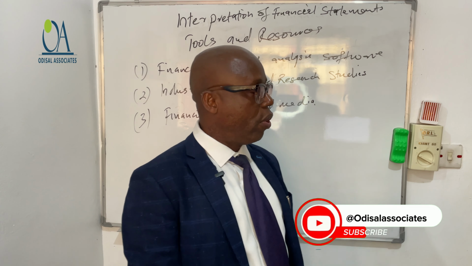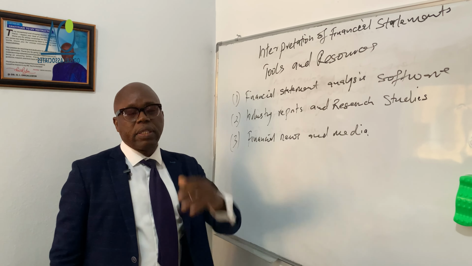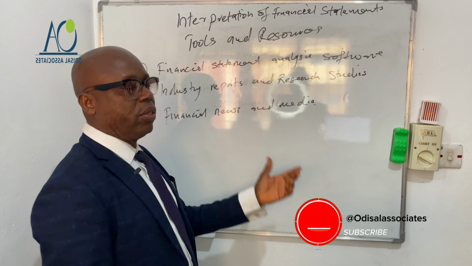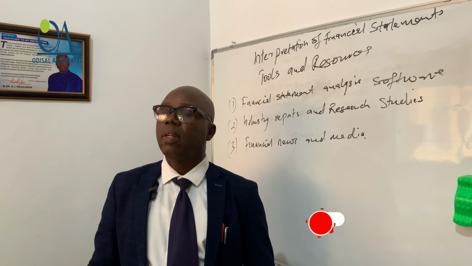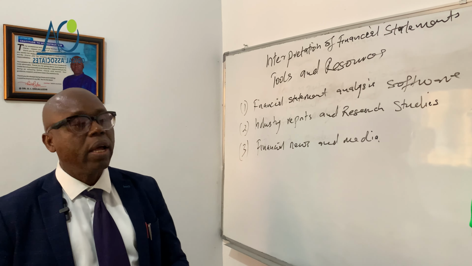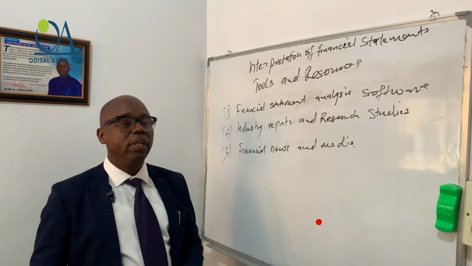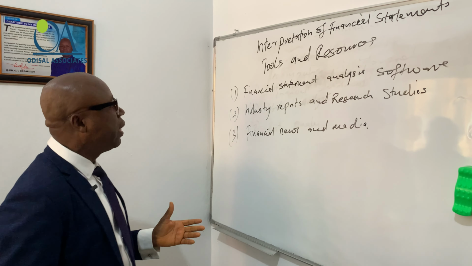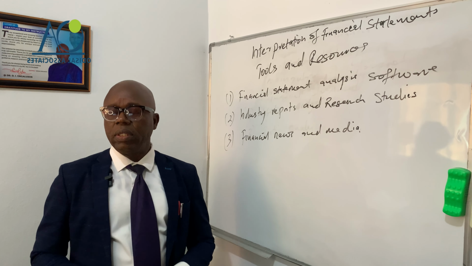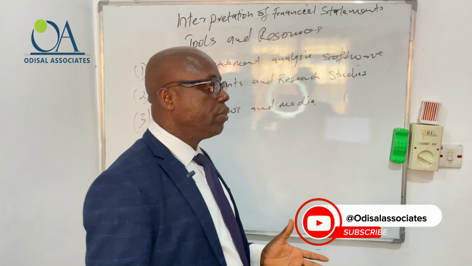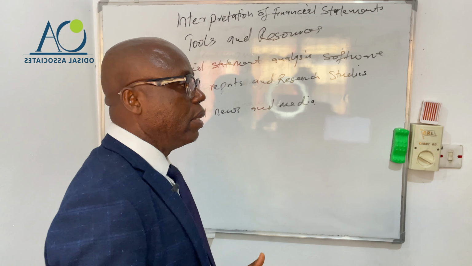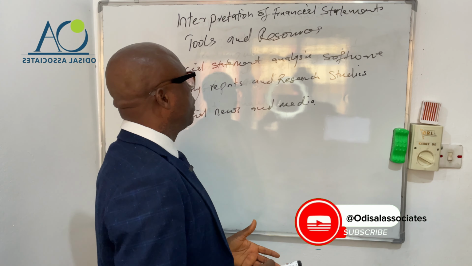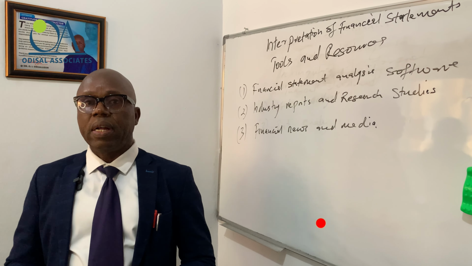Tools and resources for interpretation of financial statements. We have financial statement analysis software, such as Excel, financial analysis tools, and others that facilitate the interpretation. And then we have industry reports and research studies. Insights from the industry and their annual statements are used to analyze financial ratios.